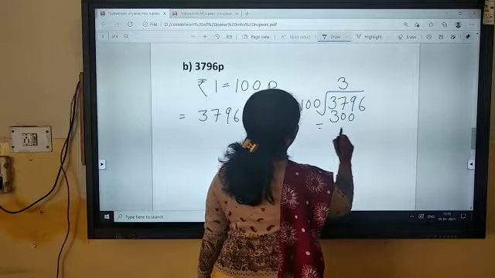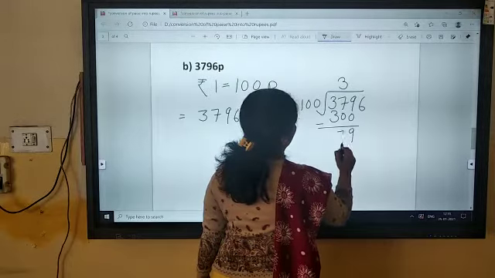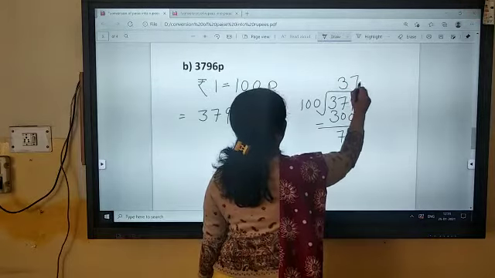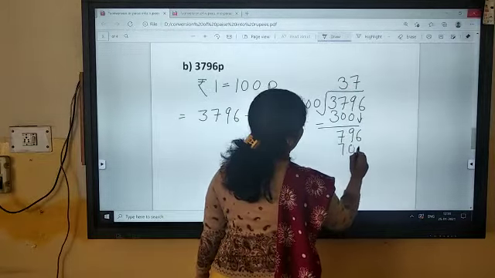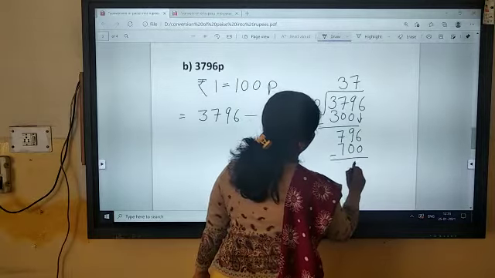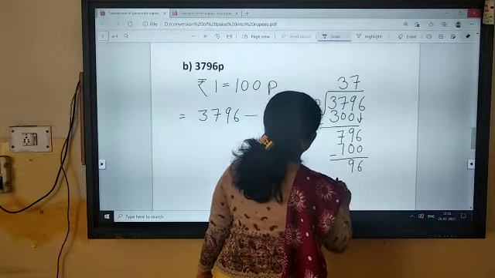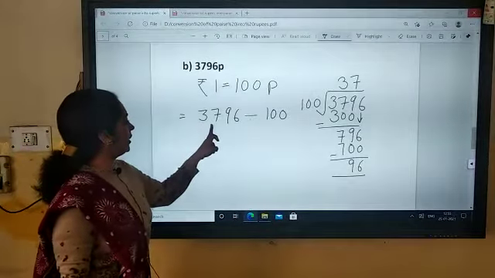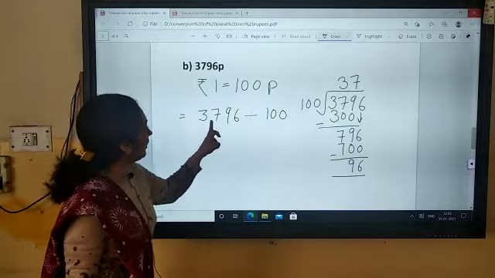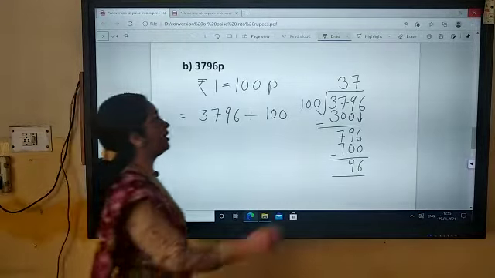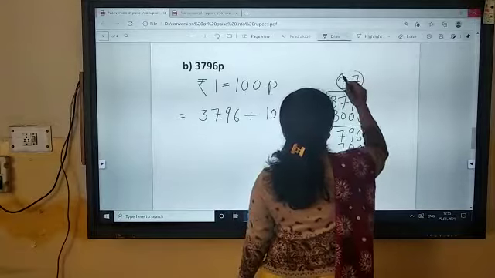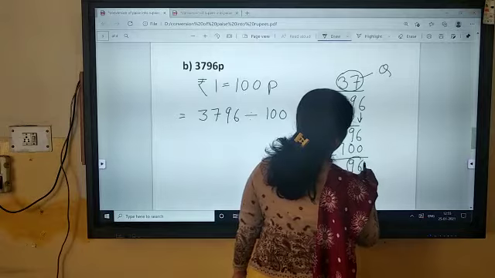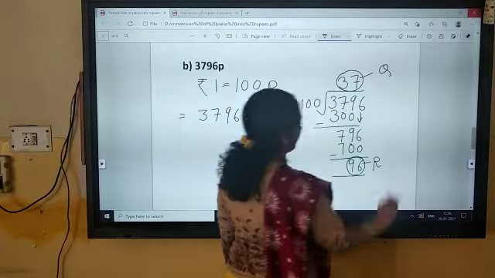We subtract 9, 7. We put down this 6. 100 sevens are 700. We subtract again and we get 96. So when we divide 3796 by 100, we get 37 as a quotient and 96 as a remainder.